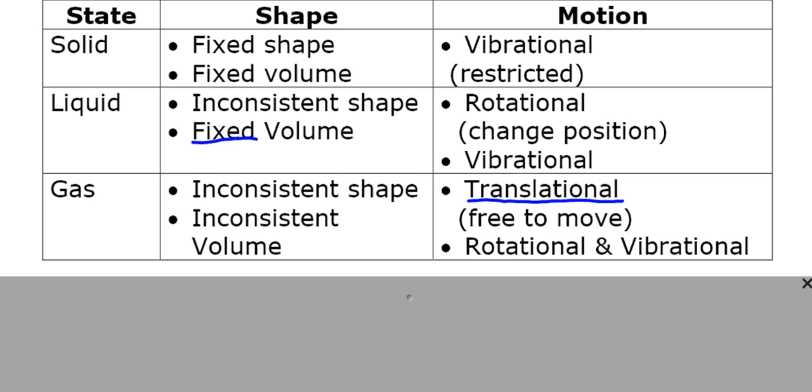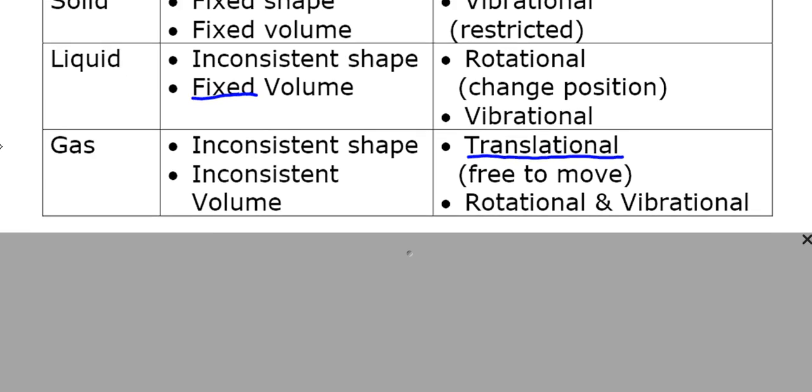Because gases can be unpredictable and they have lots of types of motion, when we look at the kinetic molecular theory for describing gases, we're going to make some assumptions. And since we're making some assumptions, we're calling these types of gases ideal gases.